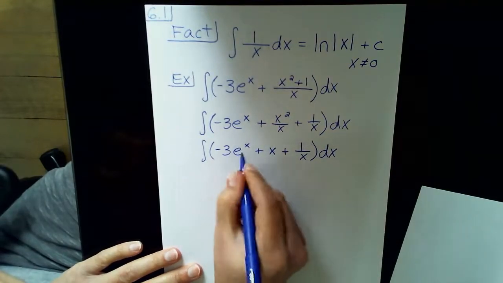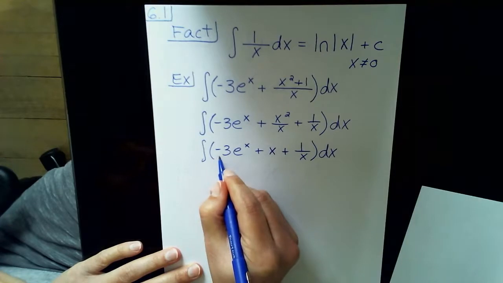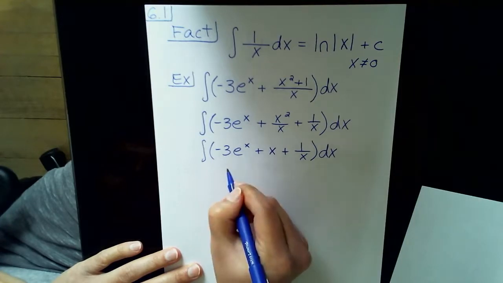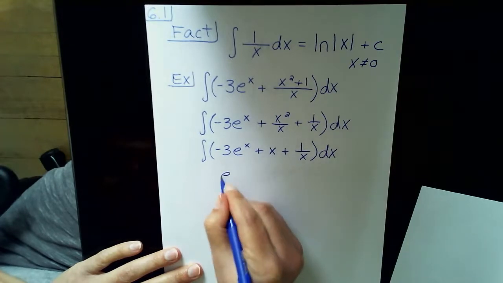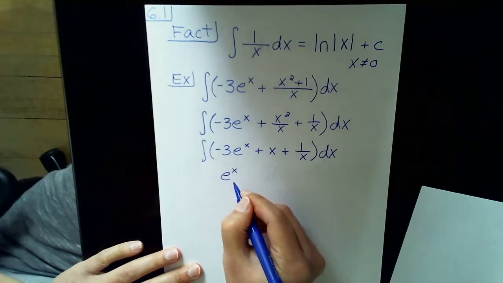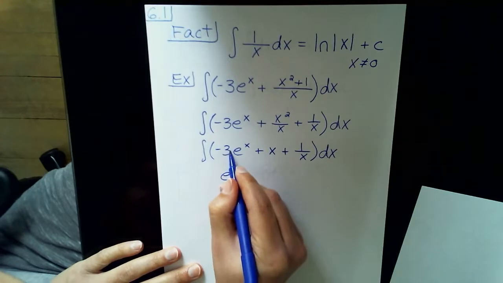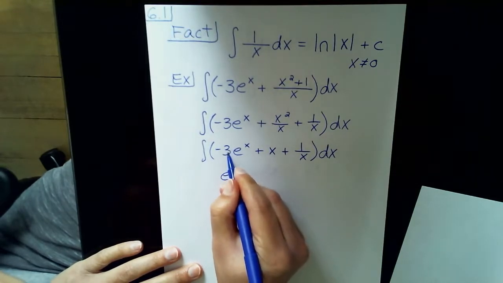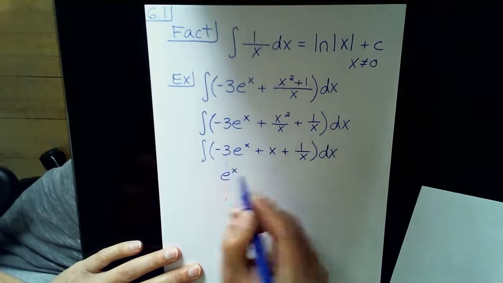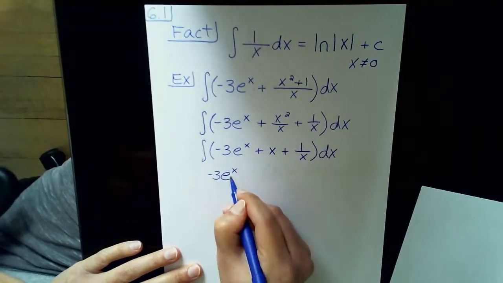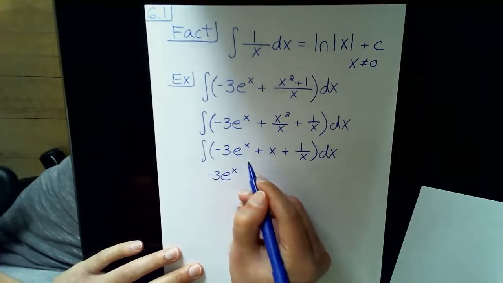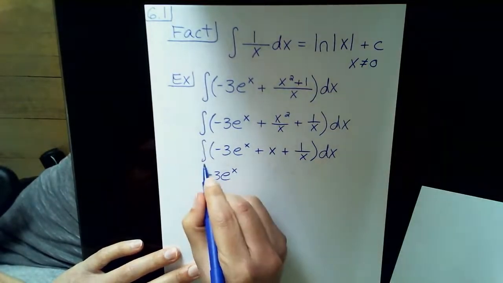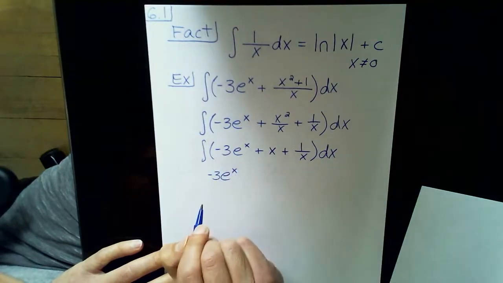So, starting with the first one, the integral of negative 3 e to the x. Well, we know the integral of e to the x is just e to the x. And we know that if you're multiplying or dividing by a constant, that just multiplies or divides to your answer. So we get negative 3 e to the x for our antiderivative. We don't need to put the plus c here because we're keeping this all in one.